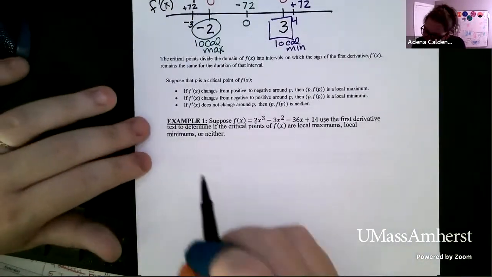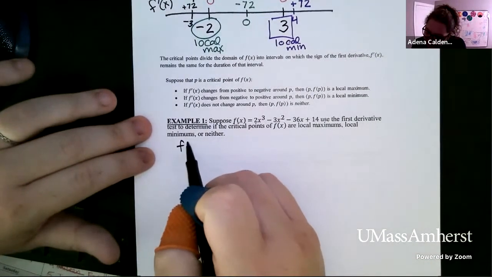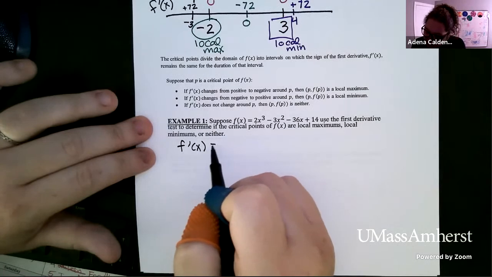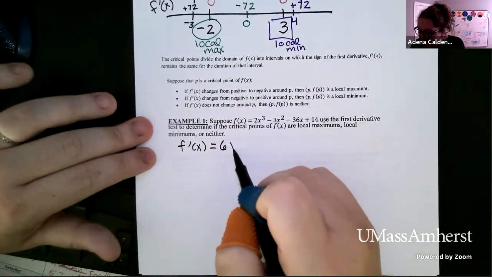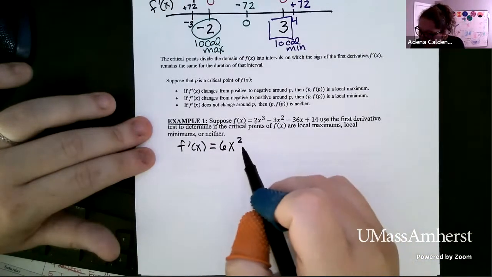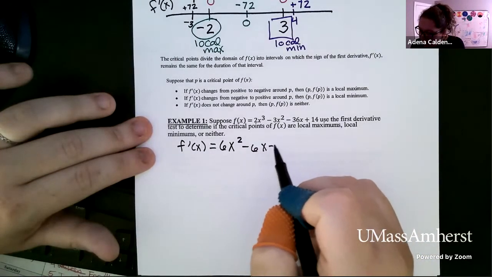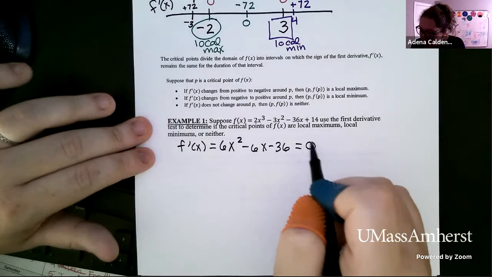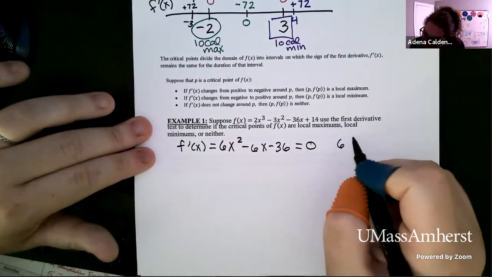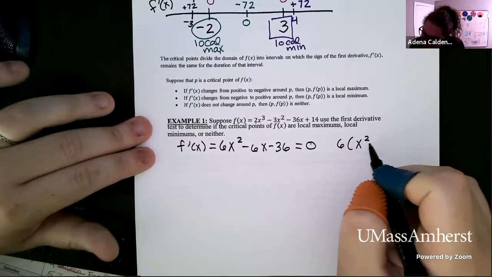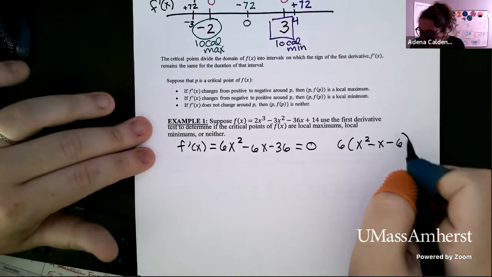Okay. So again, our first step here will be to find critical points. We're going to start by finding the first derivative here. So we have 6x squared minus 6x minus 36. We want to know, when does that equal 0? So if we factor out a 6 here, we have x squared minus x minus 6.